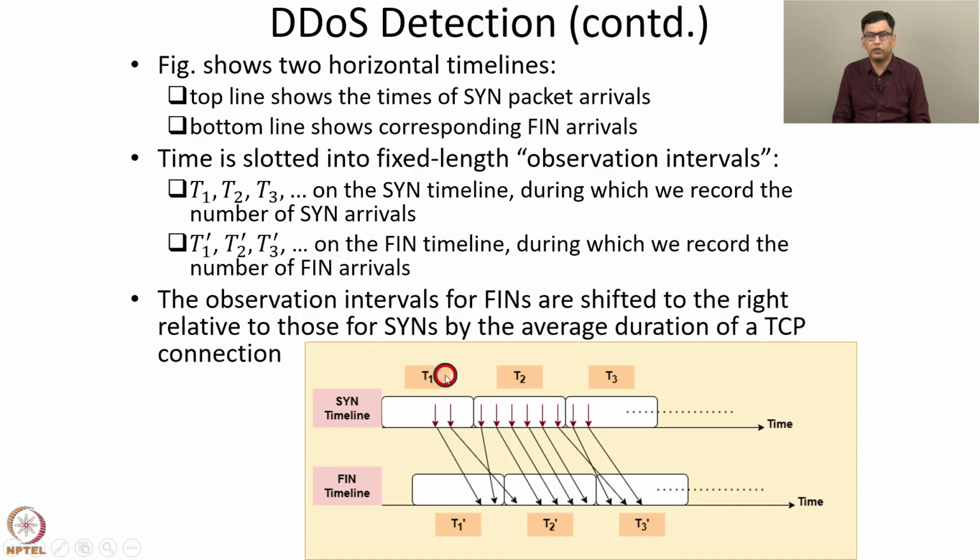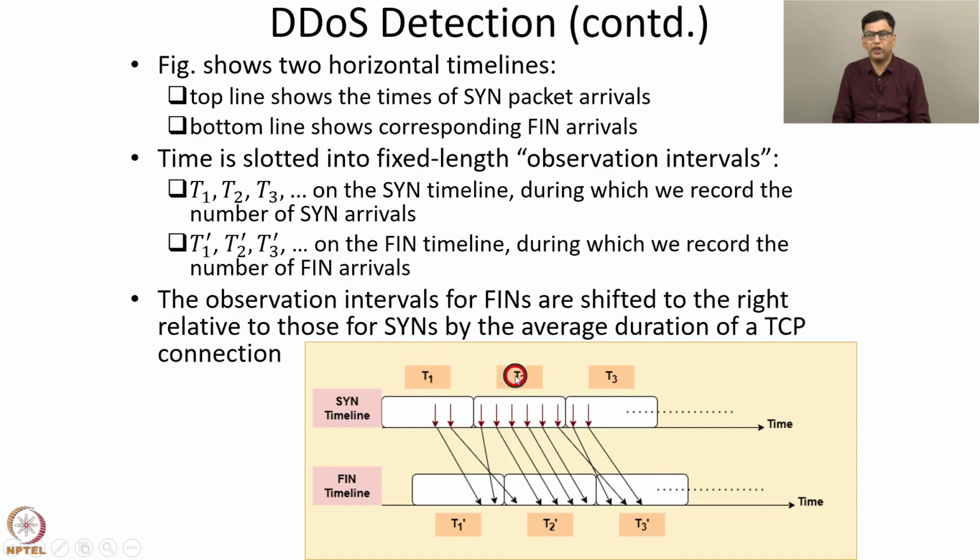Notice that the observation intervals on the FIN timeline are shifted to the right by some amount relative to the SYN timeline. For example, this observation interval is shifted by some amount relative to this observation interval. This observation interval is shifted to the right relative to this observation interval and so on and so forth. This shift amount is the average duration of a TCP connection.